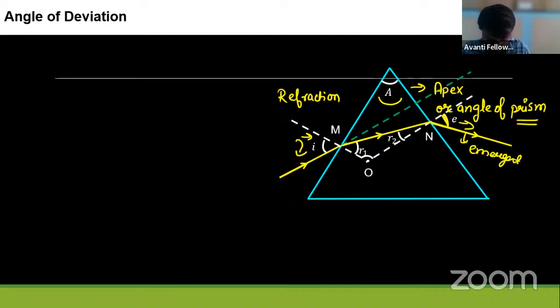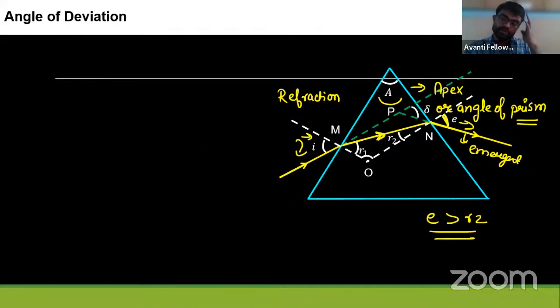This is the emergent angle. Okay? And you can see this emergent angle is greater than this R2. And the ray is passing inside like this. So if you want to derive the angle of deviation, how must we derive? Okay, so let us see.